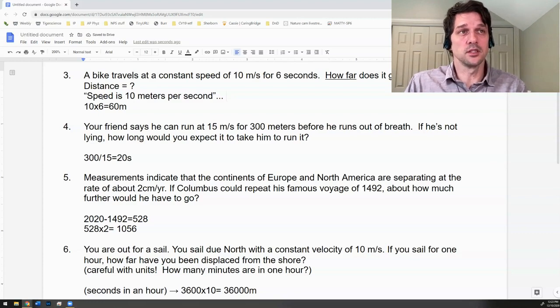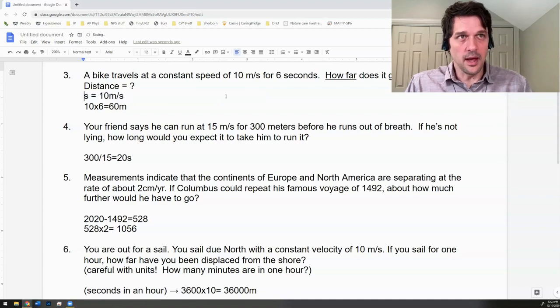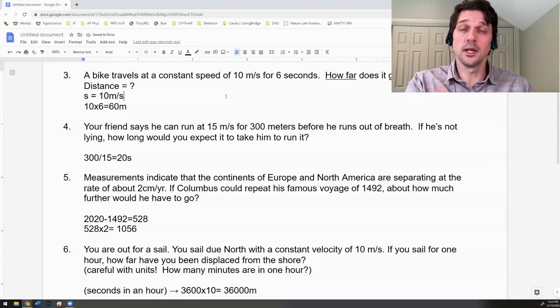What that translates to mathematically is S equals 10 m over s. I don't need to see the written language part, but mathematically, I want to see this part. Speed equals 10 meters per second. That's you telling me, the reader, that you know what piece of information you have. You have the speed, and you know what the value of the speed is.